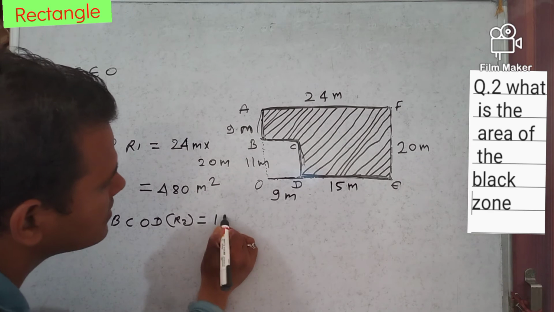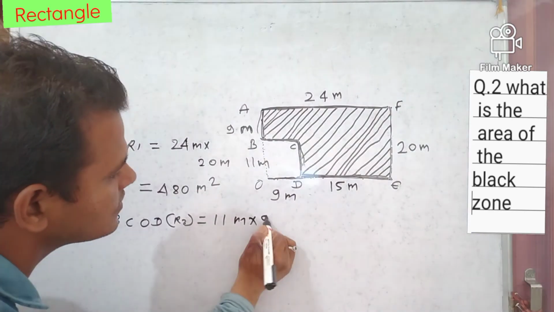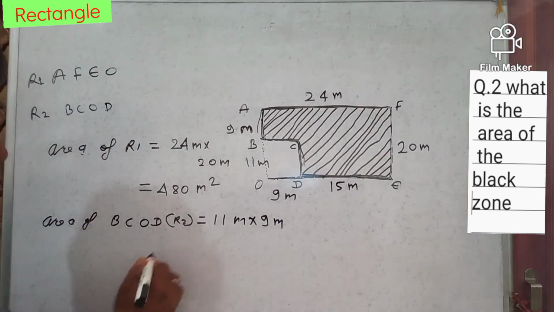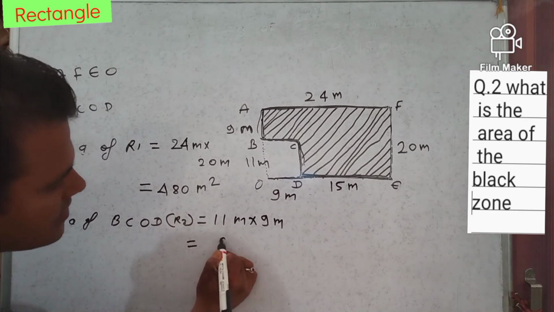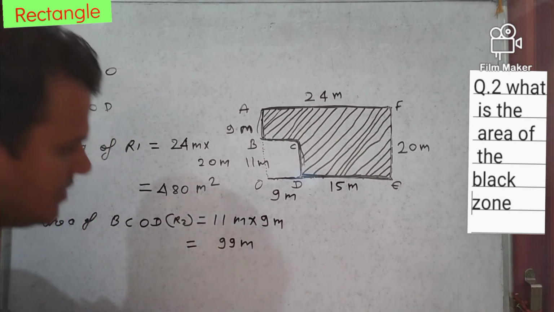So 11 meters into 9 meters, right? So the total will be 99 meter square.